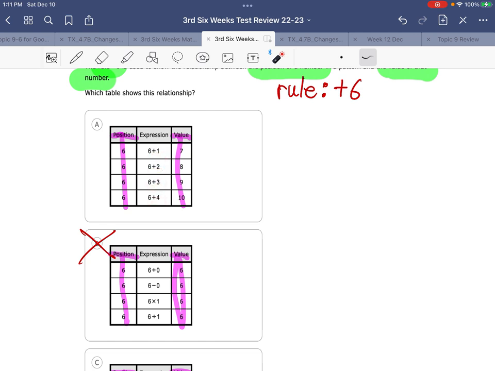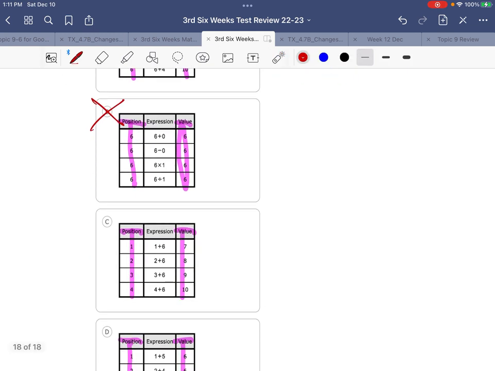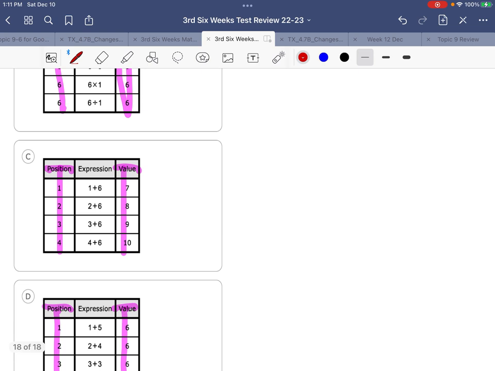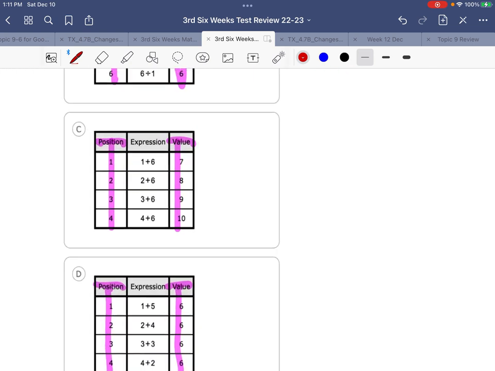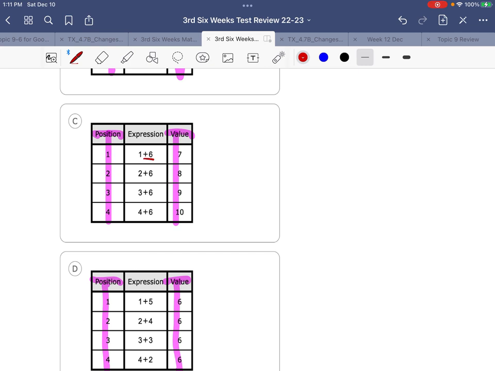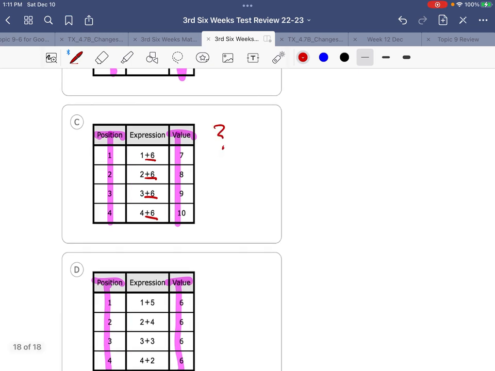So that's a little bit weird to me. Okay, so I'm going to come back to that one. For C, they have the plus in front of the 6. So they have 1 plus 6, 2 plus 6, 3 plus 6, 4 plus 6. So that one looks better than A.